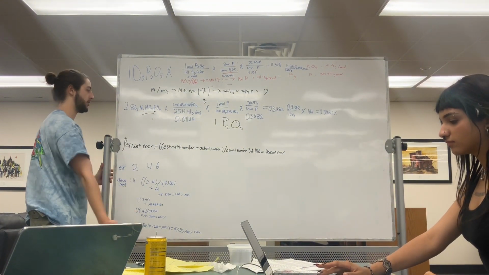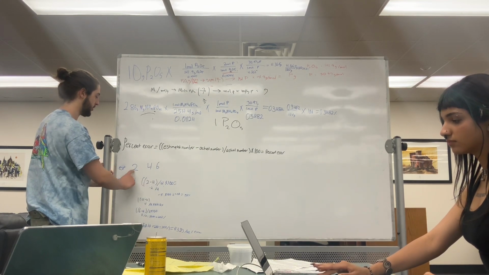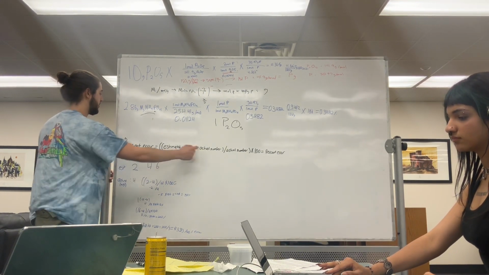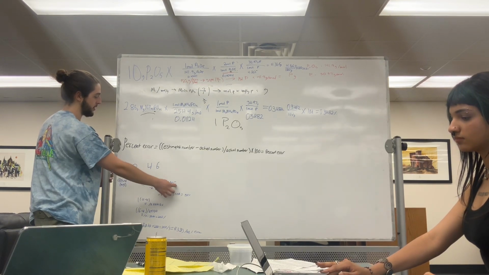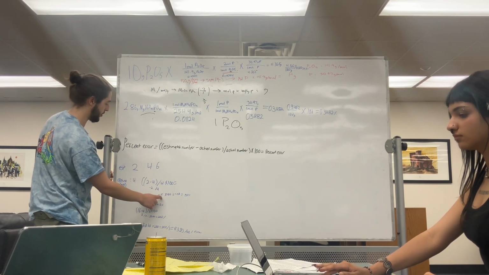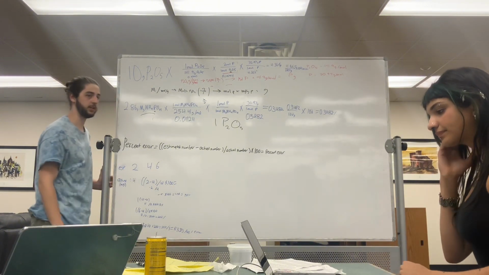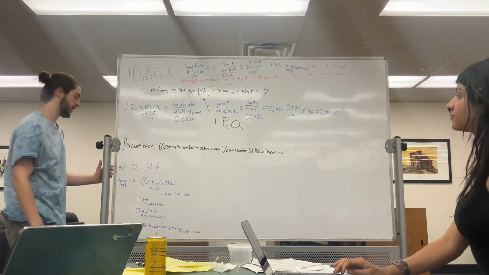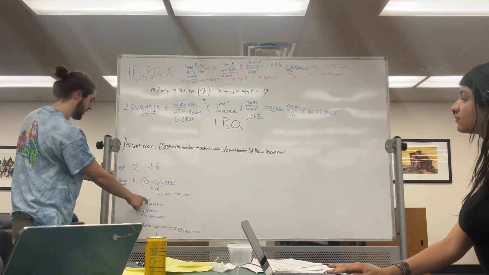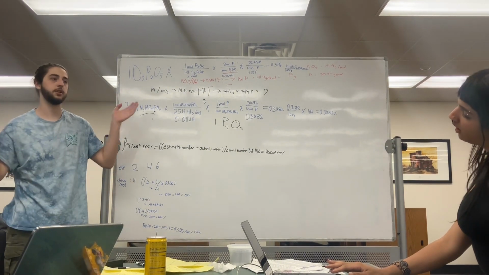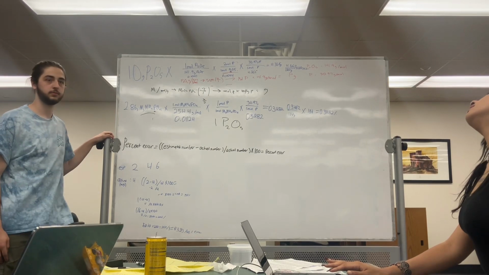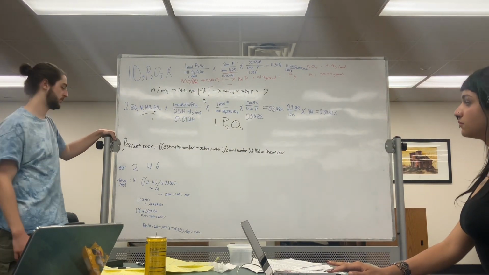So you do 3 separate equations. You do the first one, which is 2 minus 4, estimated number minus actual, and then divide by 4, and then times 100. That's 0.5 times 100, which equals negative 50, so it's 50% error. And then this one is 4 minus 4, which is 0, so 0% error, because there's nothing error. So you're just taking your trials, which is your estimated number, minus the actual number.